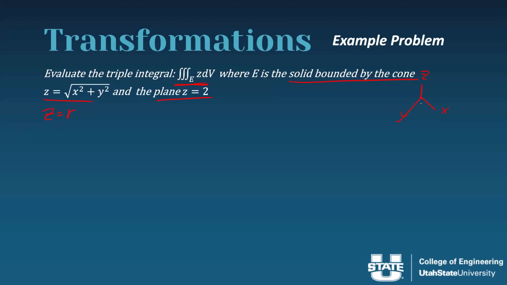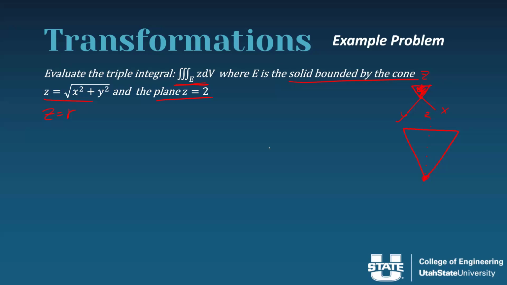So we're going to have a cone bounded by the plane z equals 2, and it's going to start at the origin and look something like that. That's not a great drawing. Let's see. So we have our cone here, and this is our z-axis.